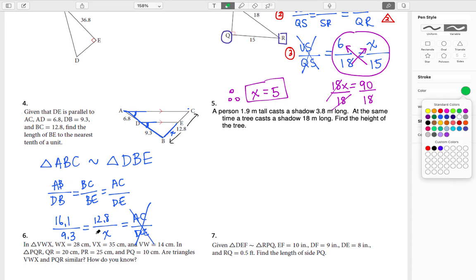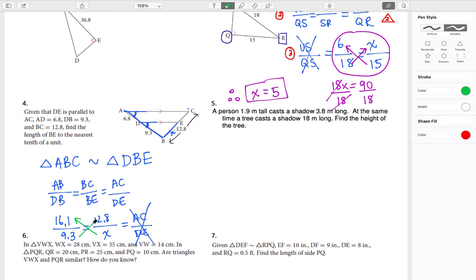It's useless. So we will be using the first two to do the cross multiplication. So let's cross multiply. 16.1 times x, so 16.1x equals 9.3 times 12.8. Once you do that, it gives you 119.04. And whatever's in front of x, we're going to divide by it.